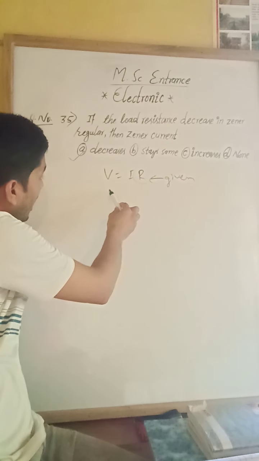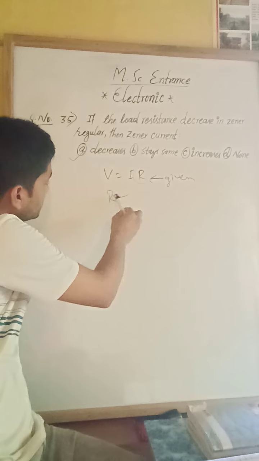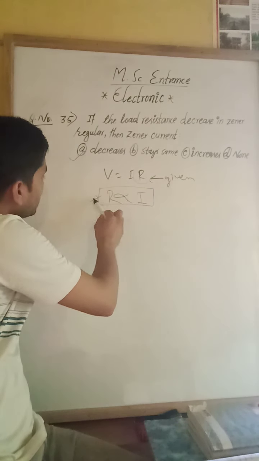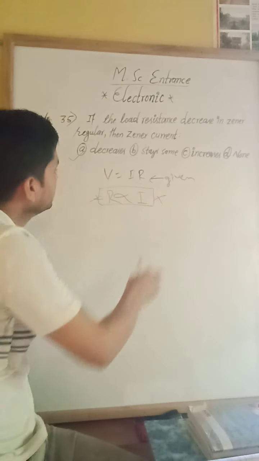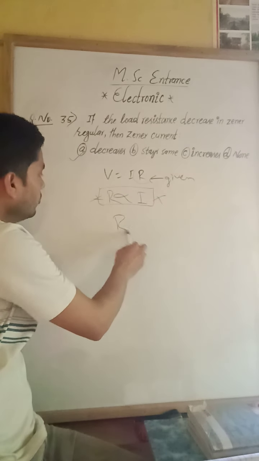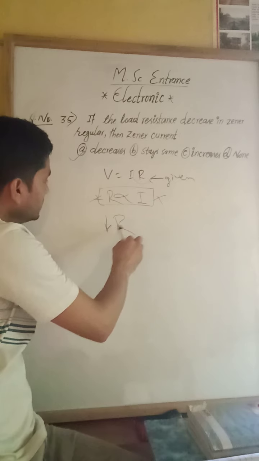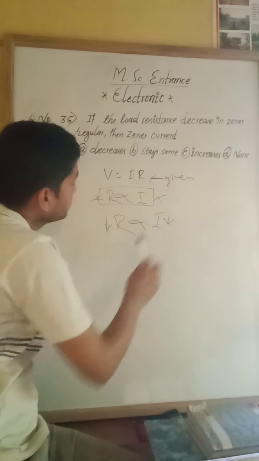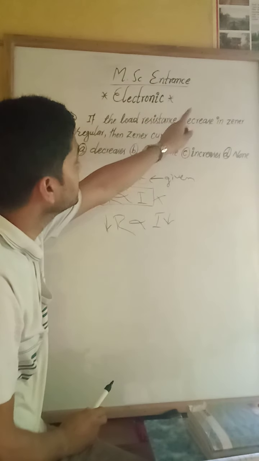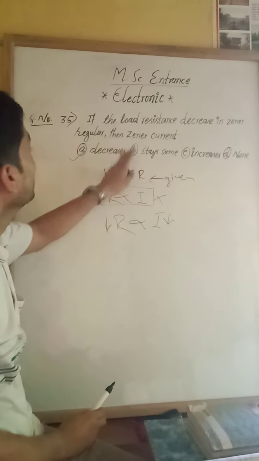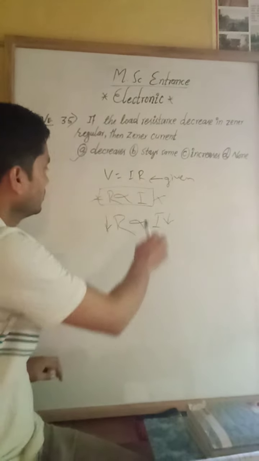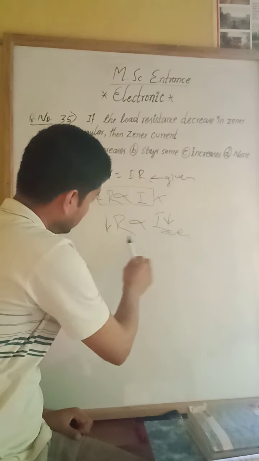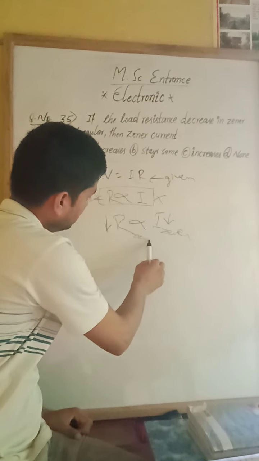In a Zener diode, R is directly proportional to I. This is the key concept: if the load resistance decreases, then the current, known as the Zener current, also decreases.